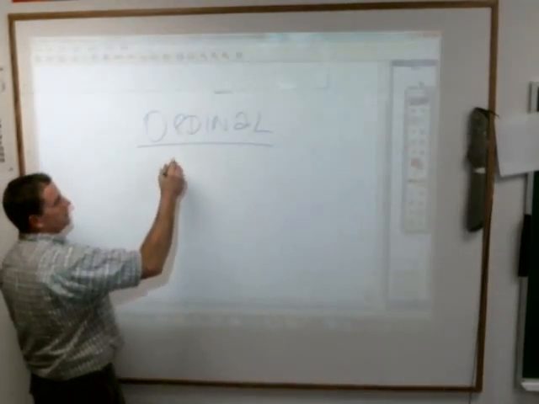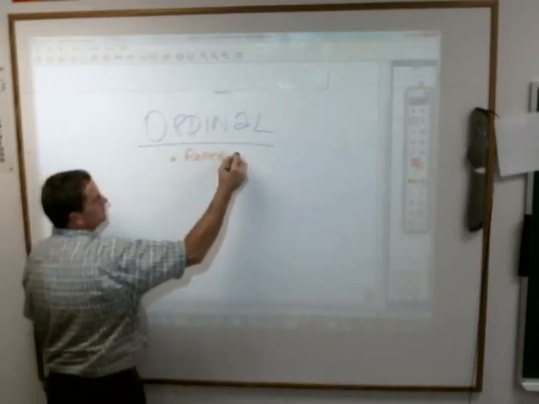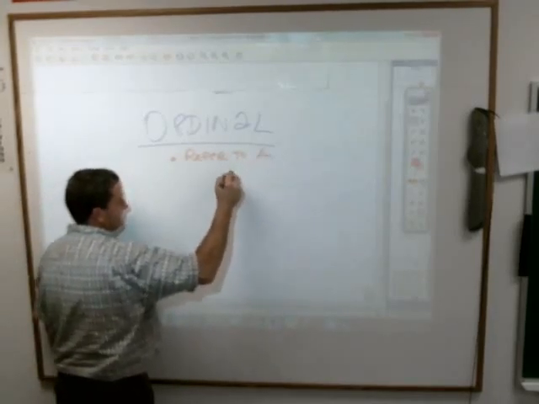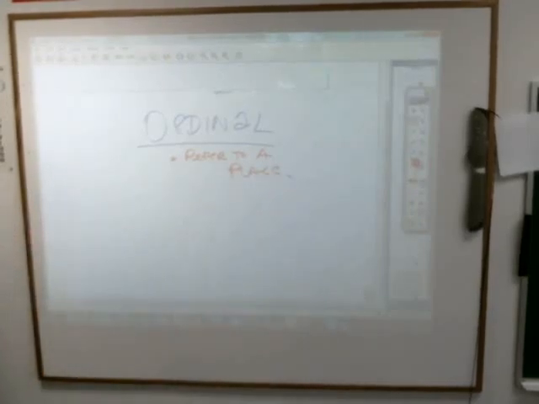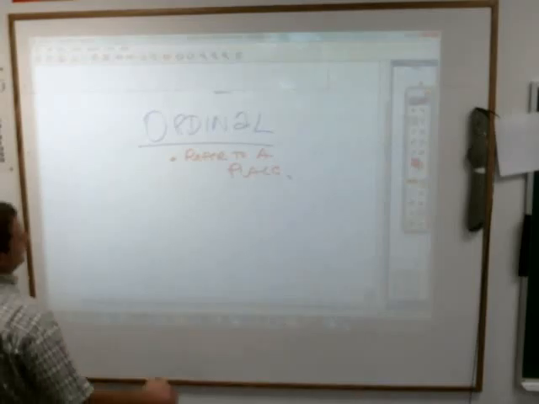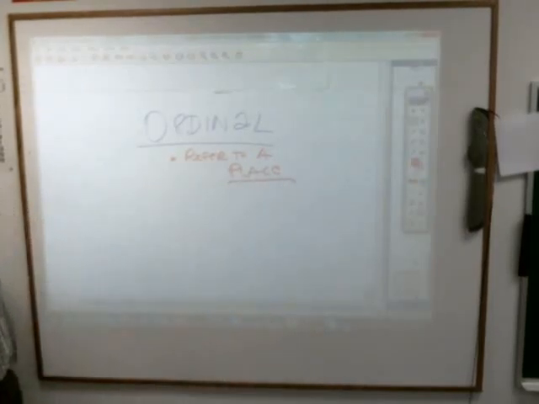Ordinal numbers are numbers that refer to a place. In other words, when you're in a race and you are the number 1 person to cross the finish line, when we're talking about what place you came in, we don't say you came in 1 place.